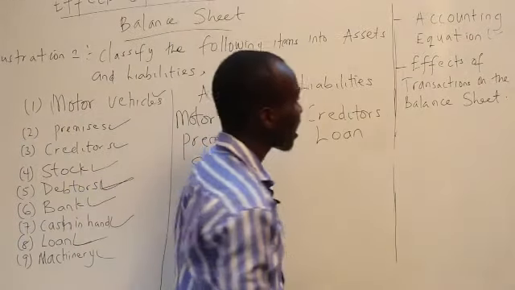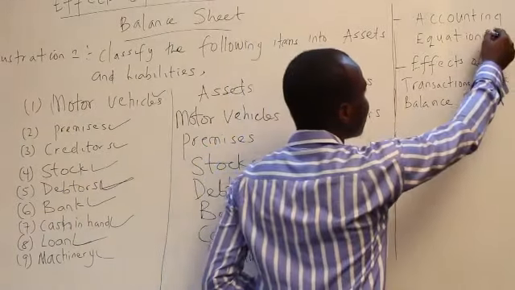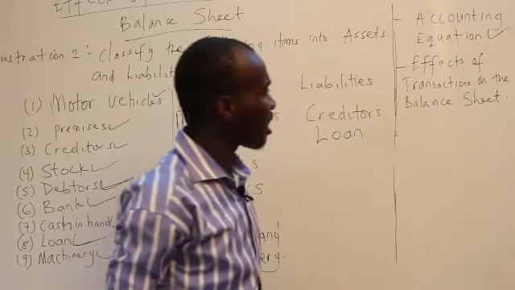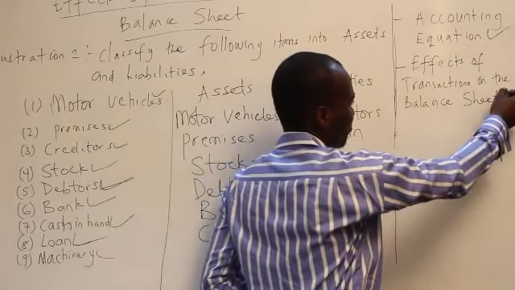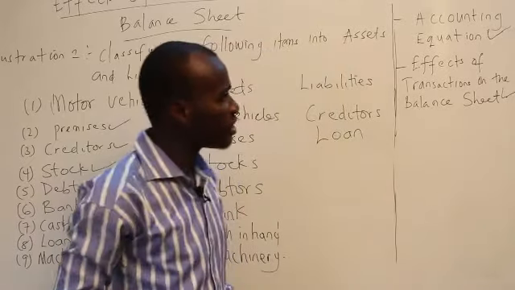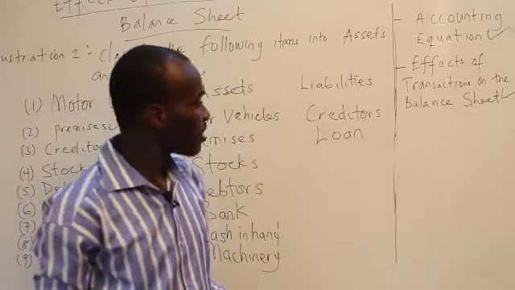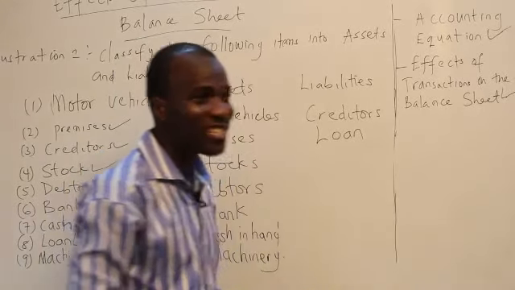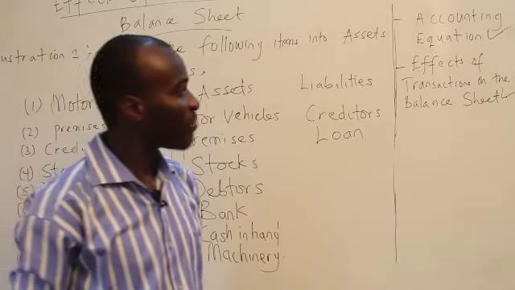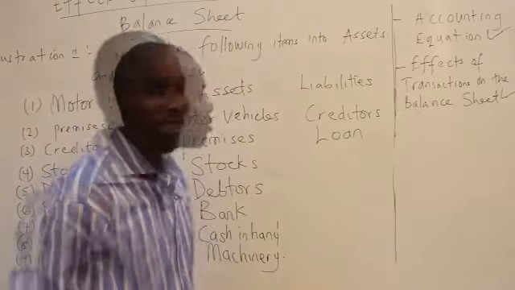So we've treated the accounting equation and the effect of transactions on the balance sheet. Previously, we said the accounting equation shows that all assets of the business must be equal to capital plus liabilities.